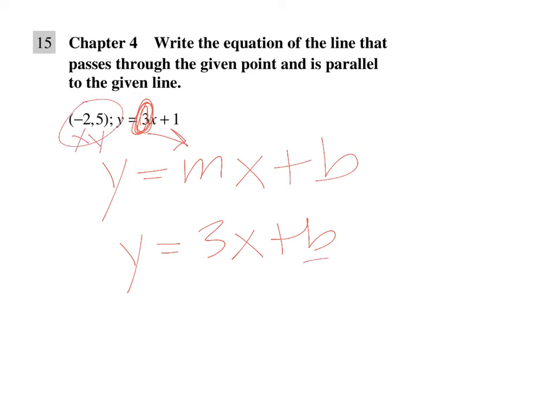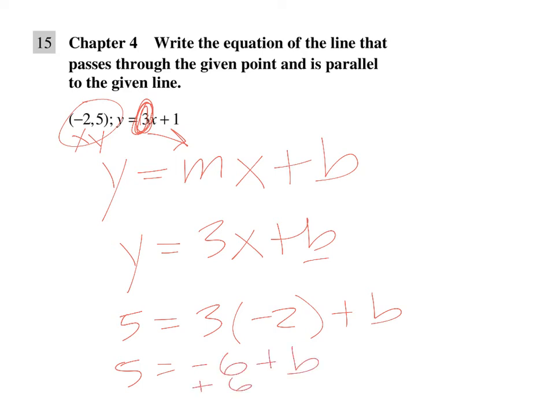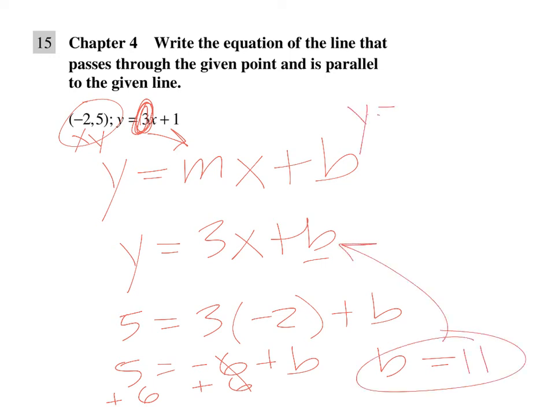That's my x and y. So I have 5 is equal to 3 times negative 2 plus b. 5 equals negative 6 plus b. Add 6. And b is equal to 11. I take this, plug it in, and I have my answer. Done.